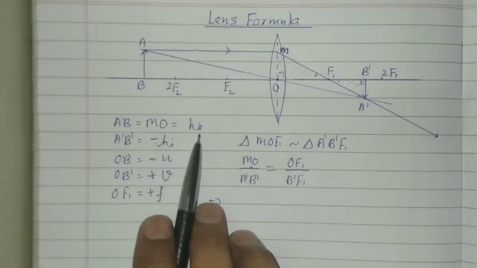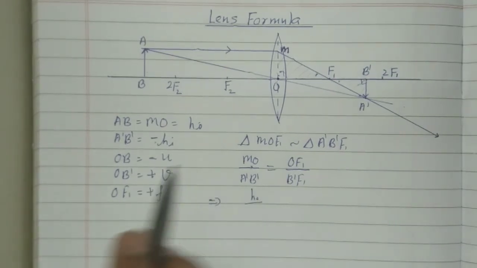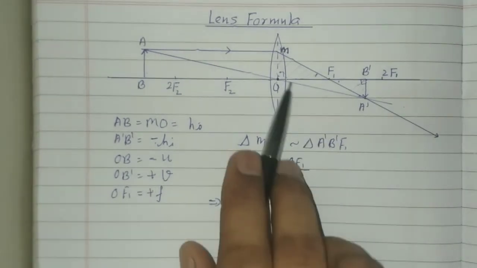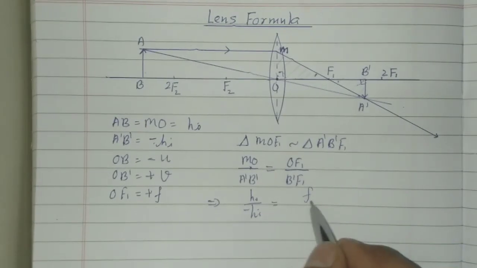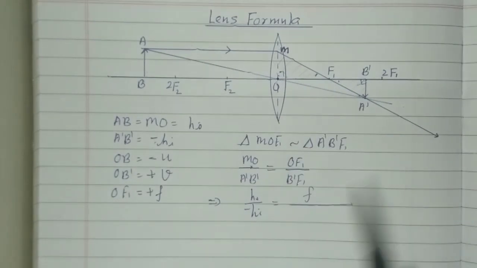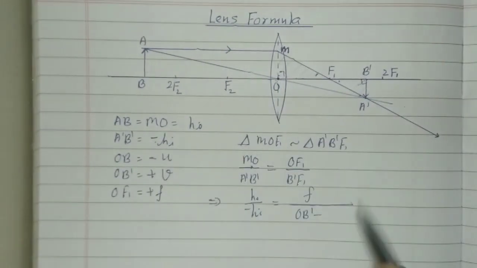Now MO is equal to HO and A dash B dash is minus HI, and OF1 is the focal length, and this B dash F1 is equal to OB dash minus OF1.